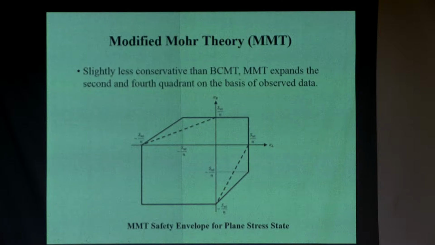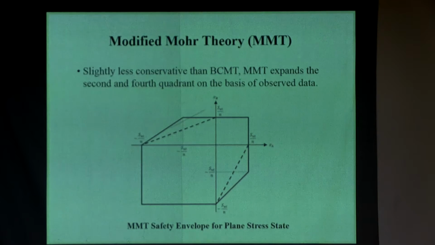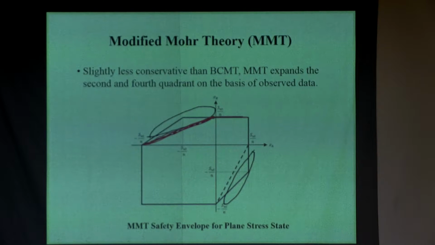So they see a lot of failures happening right around this area and right around this region. If you look at the BCMT, in the second quadrant this is it, and in the fourth quadrant the boundary is right there.